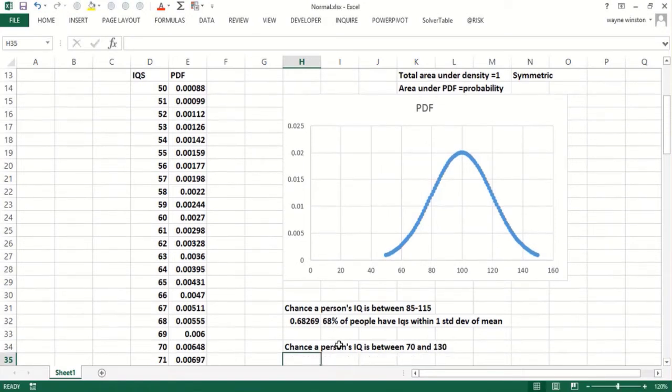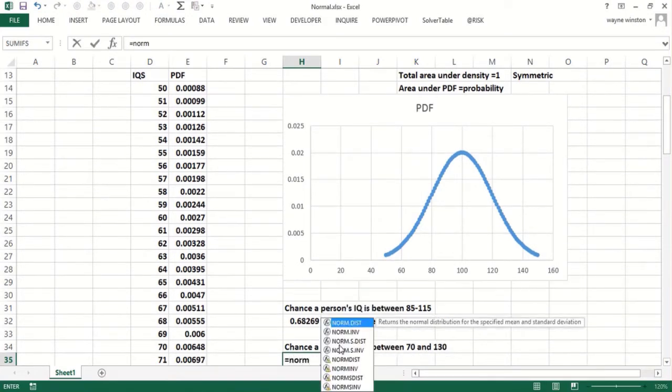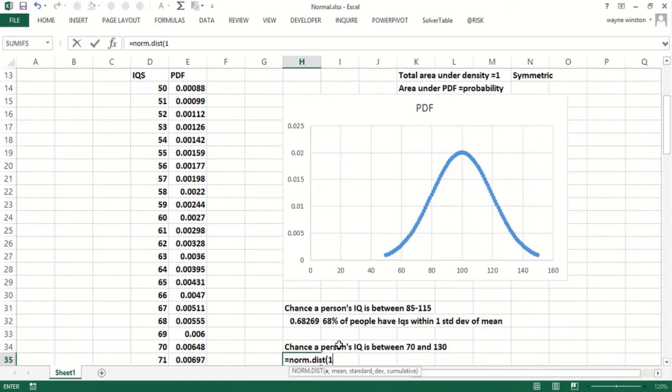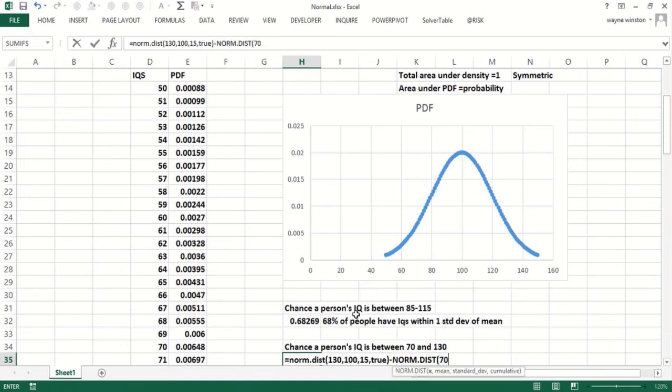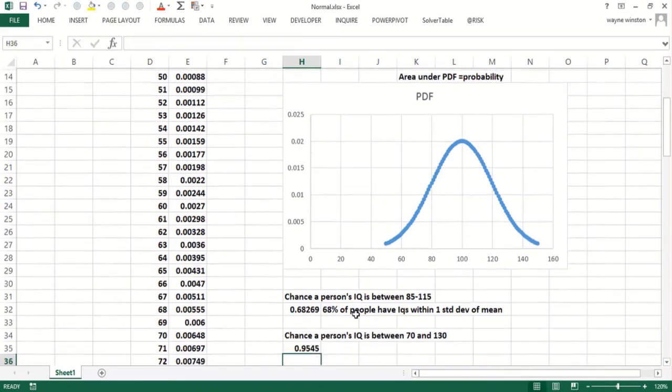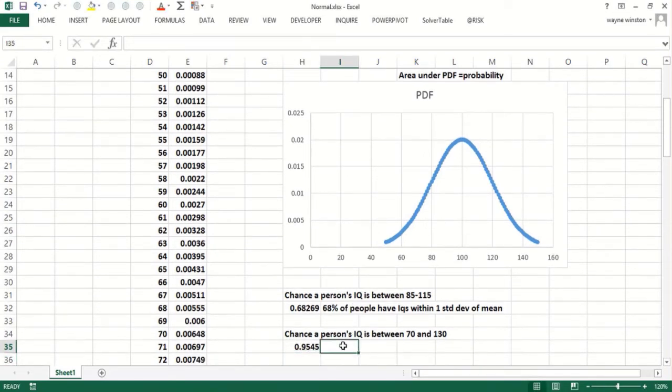Well, we can check that. We could take NORM.DIST. What fraction of IQs is 130 or less? And take away all those people who have IQs 70 or less. That should be around 95%, 95.4%.